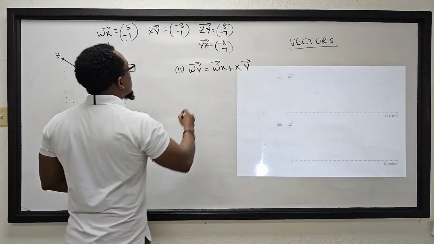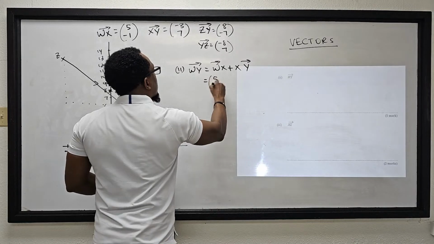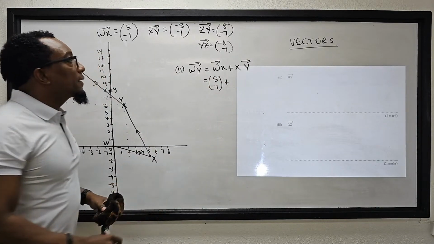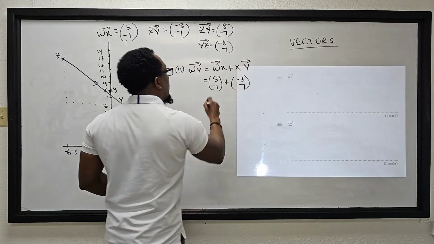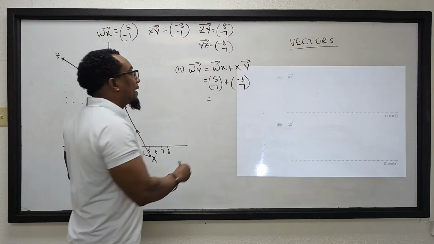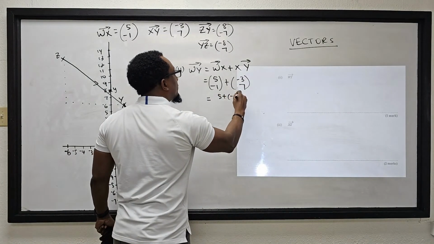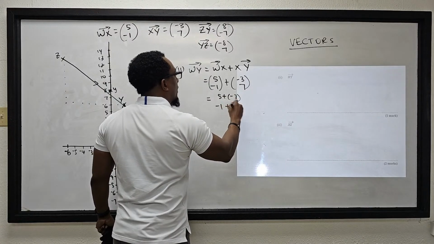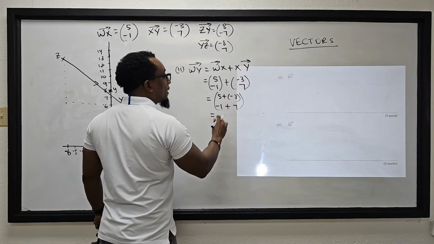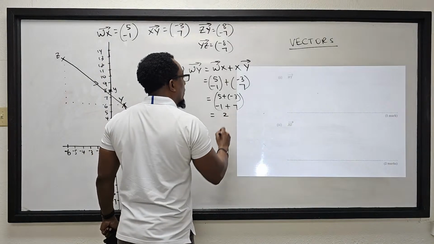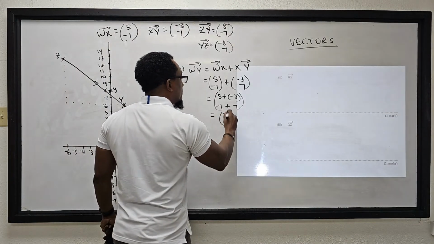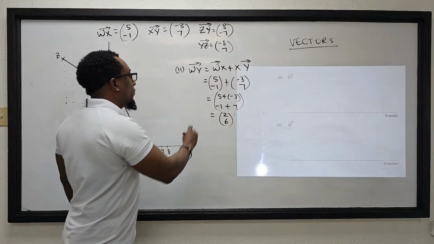So WX, it is 5, negative 1, plus XY, it is negative 3, 7. And therefore, when we work it out, we're going to get 5 plus negative 3, negative 1 plus 7, which will give us 2, and negative 1 plus 7 is 6. So this is WY.